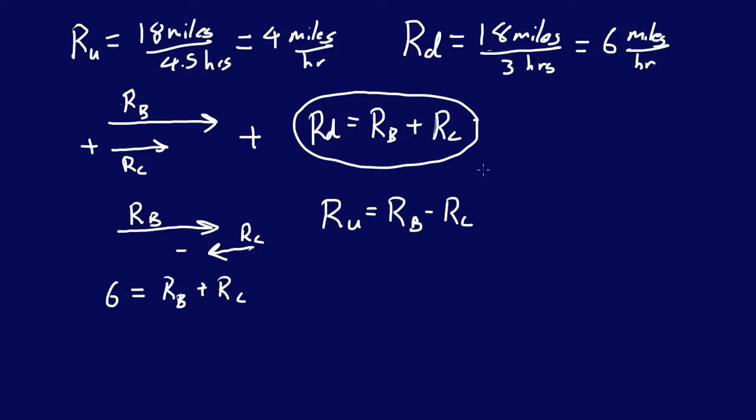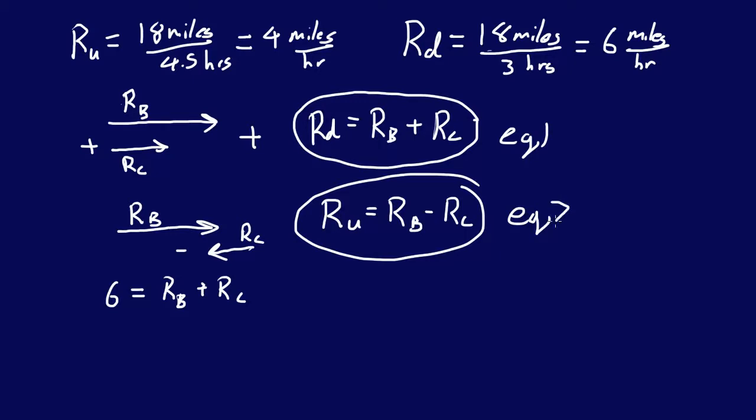And then the second equation, so this is equation 1, and then this guy is equation 2. And so R sub U is 4 miles per hour, so we can just substitute that in. 4 is equal to R sub B minus R sub C.